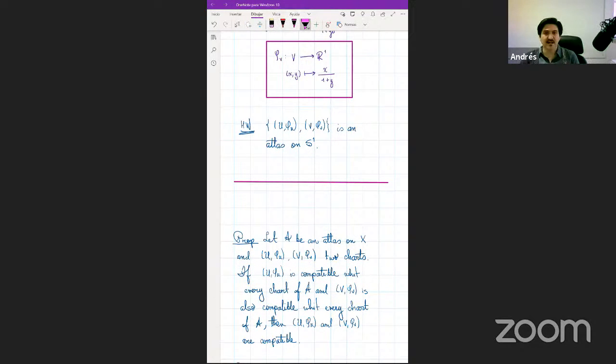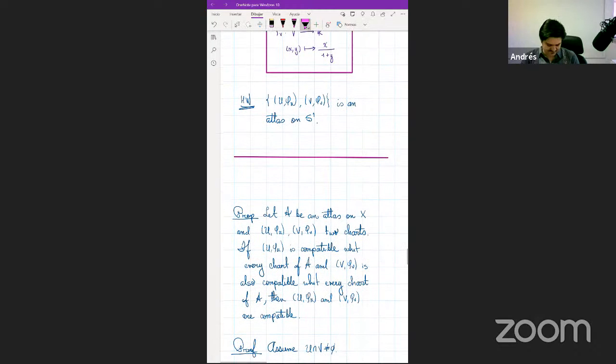Let's work out a small proposition. So you have an atlas on a topological manifold X. And I have 2 charts that in principle don't have to belong to the atlas.